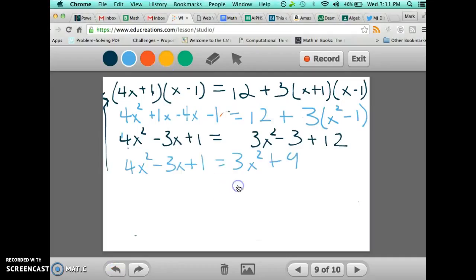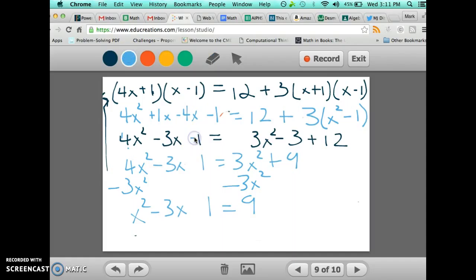we should simplify the 3 and the 12 to get that 9. Then we could subtract the 3x squared. We get x squared minus 3x plus 1 equals 9. And then we look back and we see that we messed up. It was never plus 1, it was minus 1. From right there.